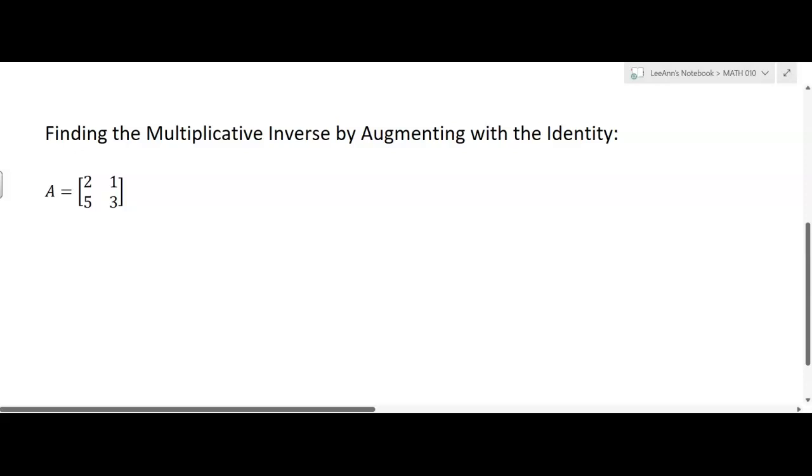Okay, so now we have to talk about augmenting the matrix. So I'm going to take my matrix A, 2, 1, 5, 3, and I'm going to write a line there. Now, that's when we say, hey, this is going to be an augmented matrix. So we're putting that line there. Next to it, I'm going to write the identity.